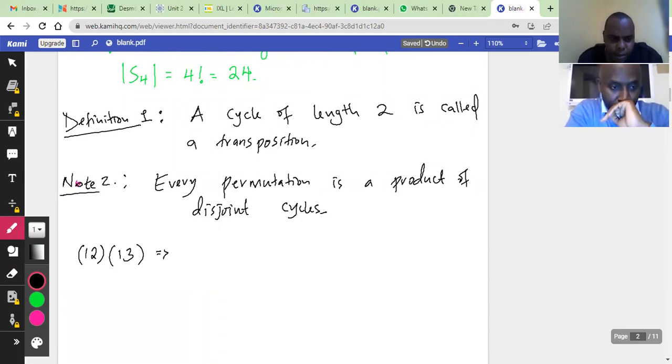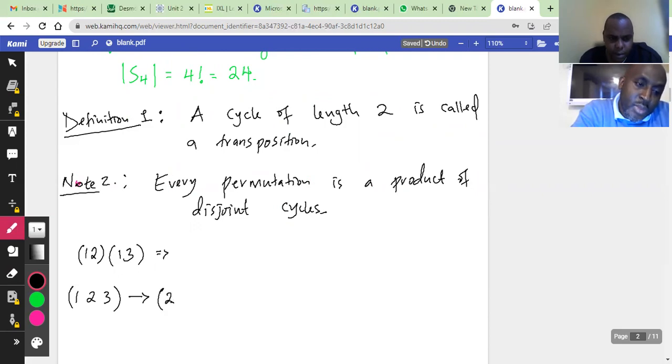So here we have 1, 2, 3. The function (1 2) means that 1 goes to 2, and 2 goes to 1, and 3 remains.